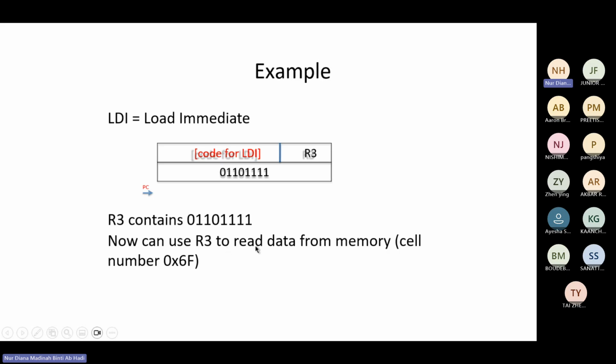Now use your R3 to read your data from memory, where the cell number is 0x06F. So far, do you have any questions? So how is 06F calculated? Do you know? So how is this 06F calculated?